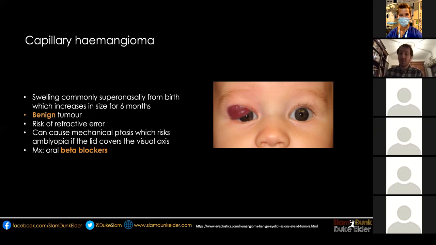So one is ptosis, where you're losing your visual axis and not being able to have a full visual field, but also these can grow quite rapidly. It can put pressure on the eye, causing distortion. So it can cause astigmatism and a refractive error. But as I said, they're benign, and the majority don't get this big, and they don't need treatment. But if they do, the first line treatment is oral beta blockers.